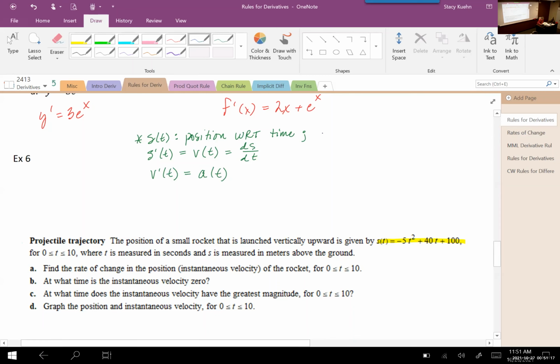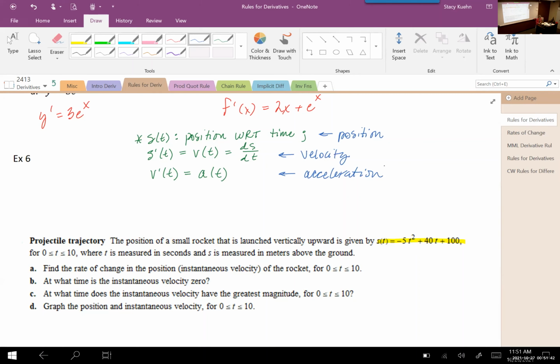So this is called the position function. This is velocity. This is acceleration. We're not really doing acceleration today.